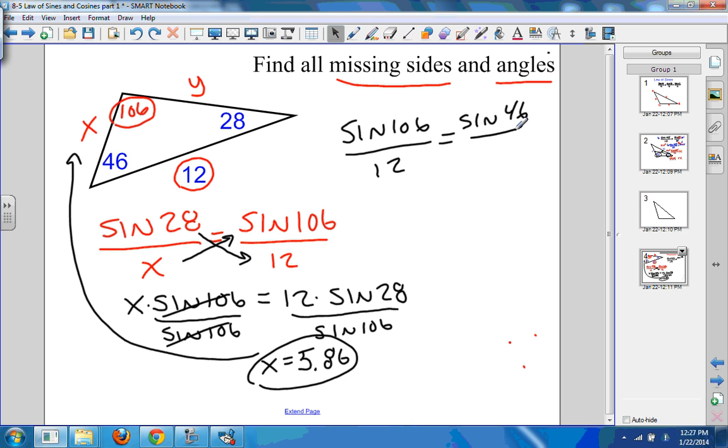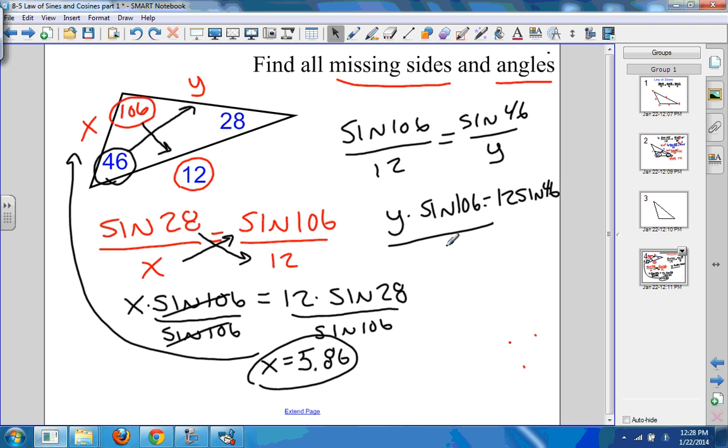So the sine of this angle over 12 is equal to the sine of this angle over our y. If we cross multiply again, we get y times the sine of 106 equals 12 times the sine of 46. Once again, we have to divide by the sine of 106 to get our answer.